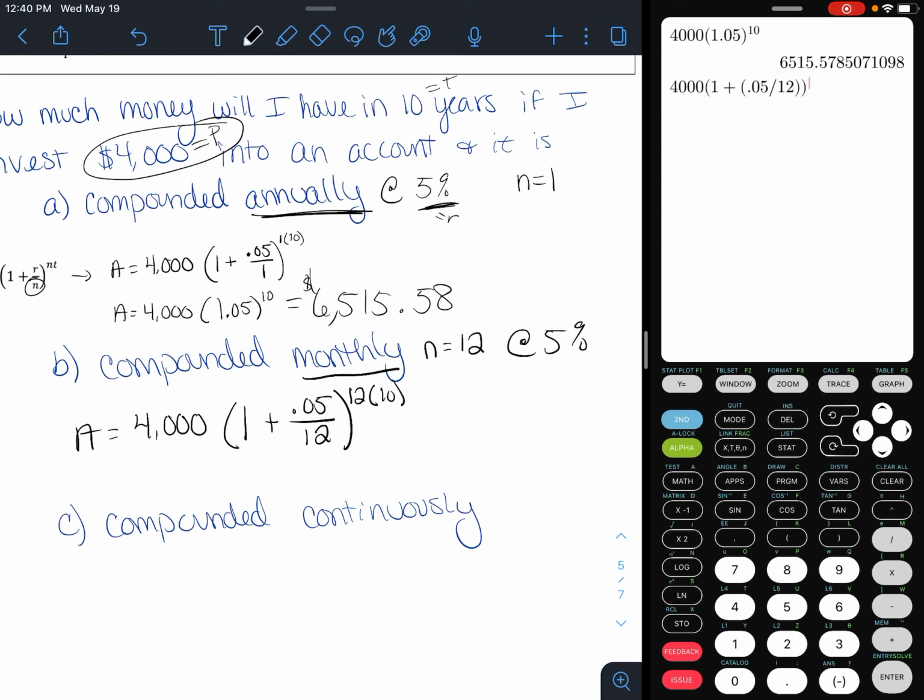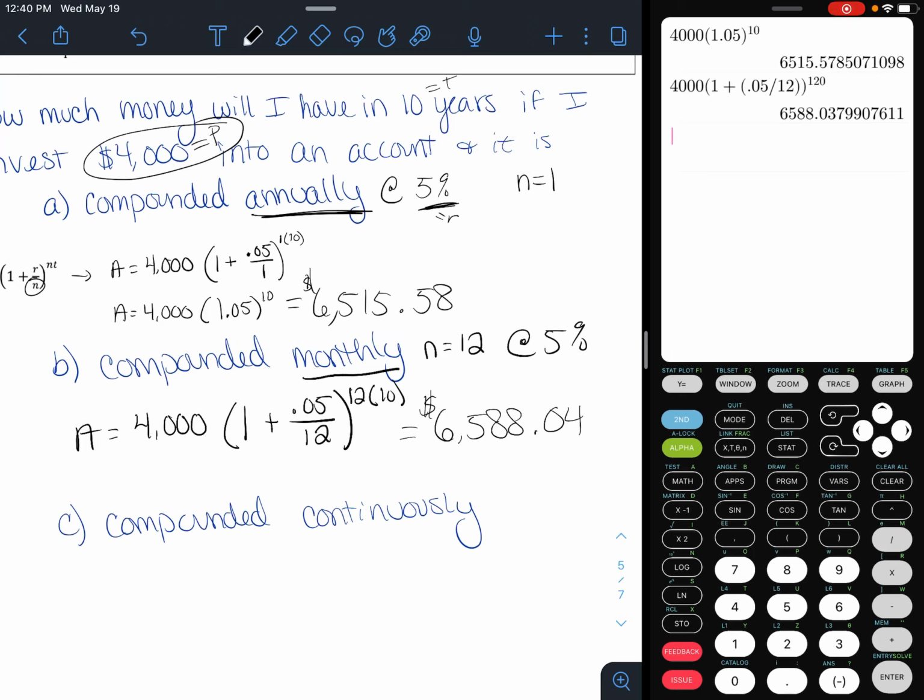And then raise that to the 12 times 10, or 120th power, all right? Hit enter. So we get $6,588.04.